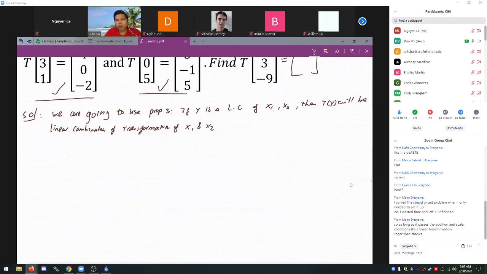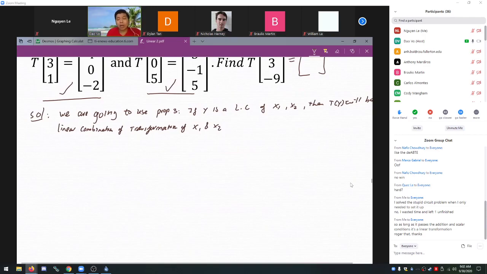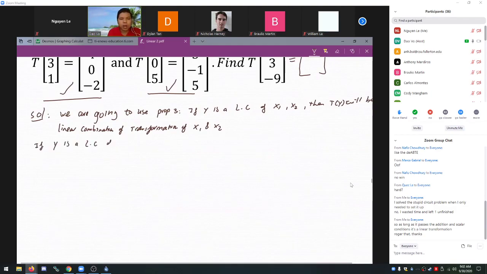So therefore we try to do that, right? So again, back to linear combinations. All right. So again, here's the argument. So if y is a linear combination of x1, x2, then there exist a, b such that y equals a x1 plus b x2.